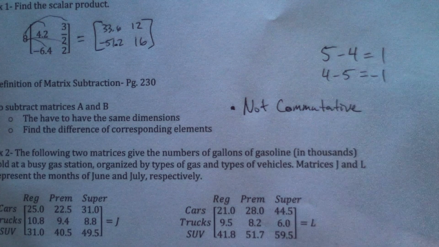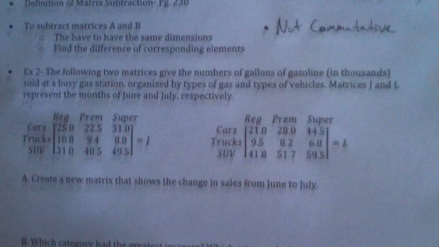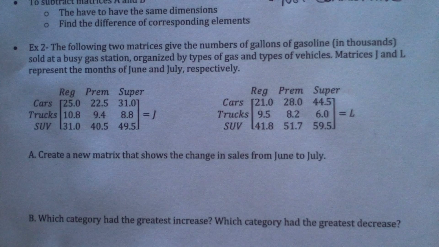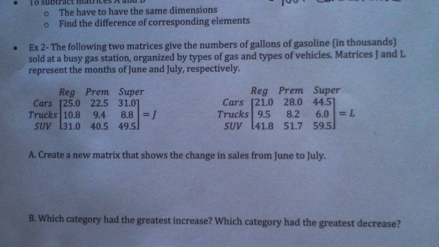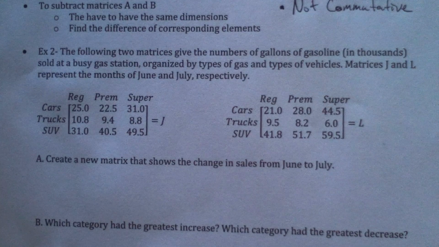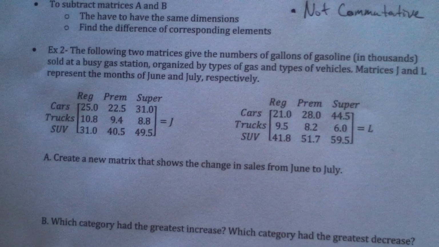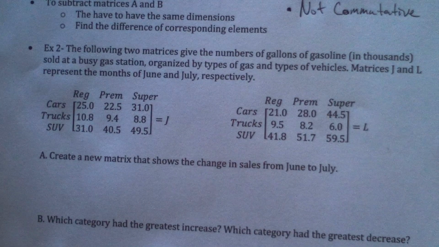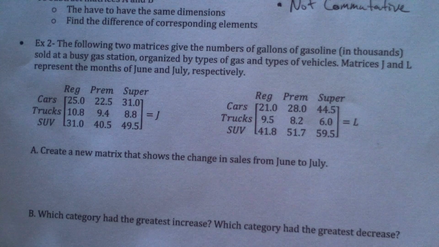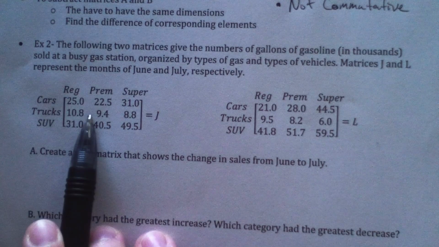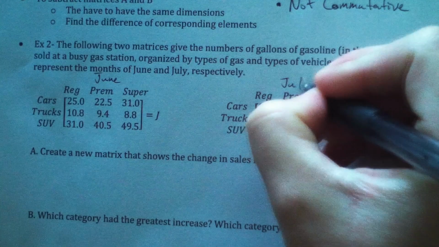So 21.0, 9.95, 41.8, and so on there. I'm just writing the July numbers out, which is the second matrix. So we're going to take our July ones and subtract away our June ones.